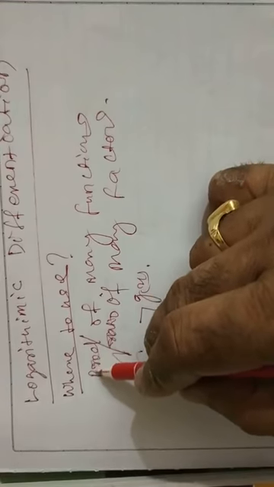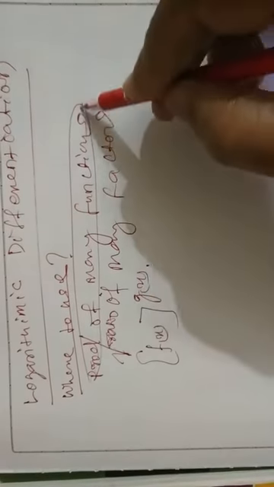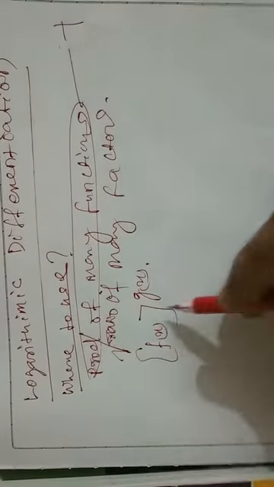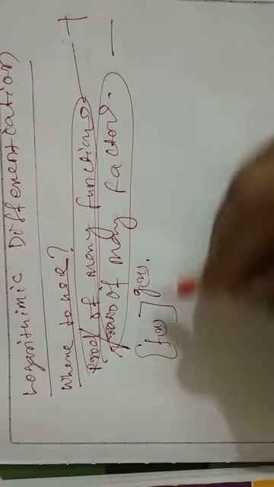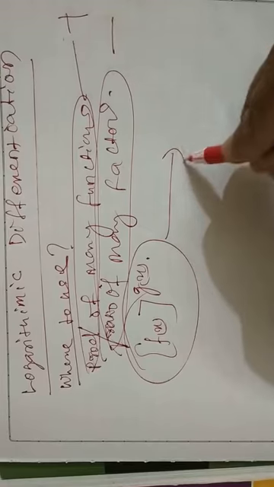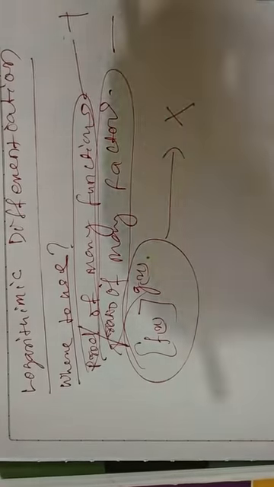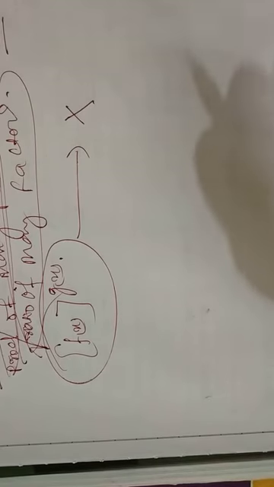Here using logarithm, the product will be transferred to sum, the ratios will be transferred to difference, and this will transfer to product. Then we can do differentiation easily. Let us see how to use the ideas.